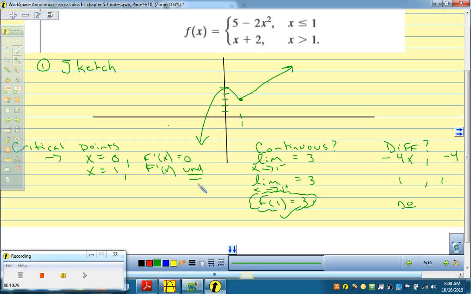All right, so now we have to do a little analysis. We do a slightly different analysis for absolute extrema versus relative. To find relative maxes and mins, the first method you're going to learn is basically called the first derivative test.